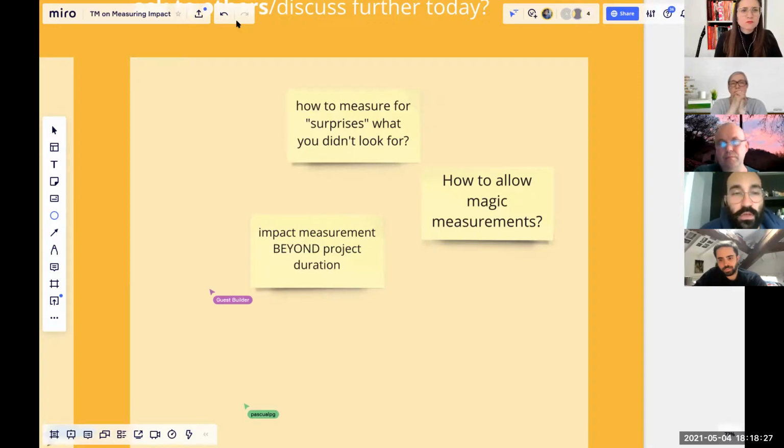I'm curious about the thoughts of Kerstin on this. So it's interesting actually. For evaluators, the surprises, we would call them unintended outcomes.